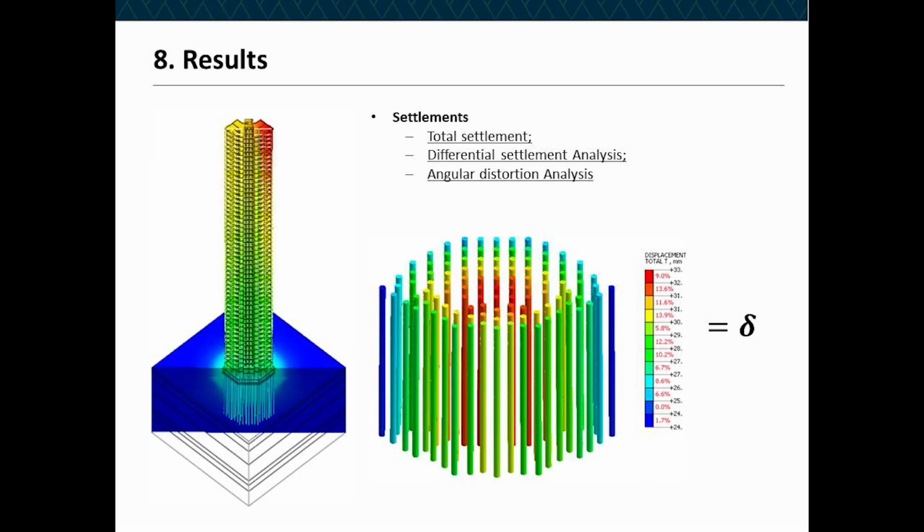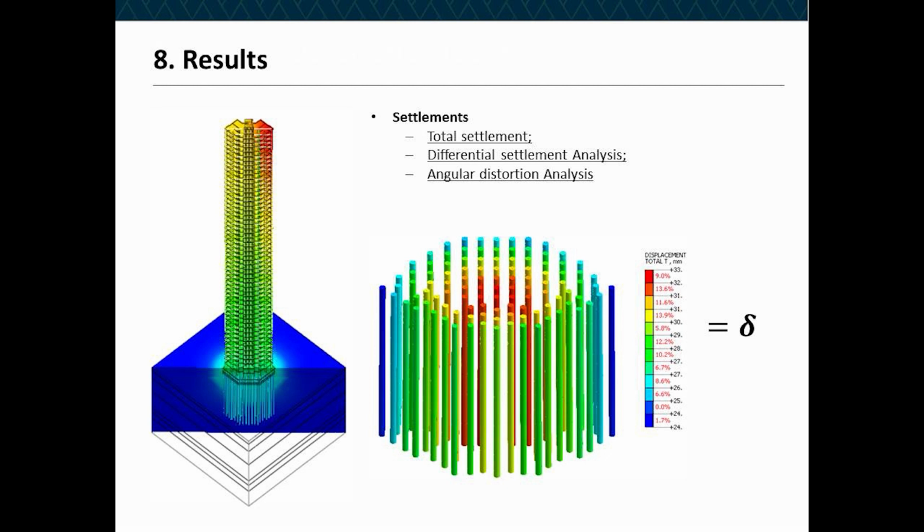Now heading to the first results, we have selected here the results of settlements. The preliminary analysis tries to satisfy the maximum settlement criteria defined previously for the whole structure. And besides the absolute settlement values, an analysis of differential settlement is done, also calculating the angular distortion, which tends to be more important.